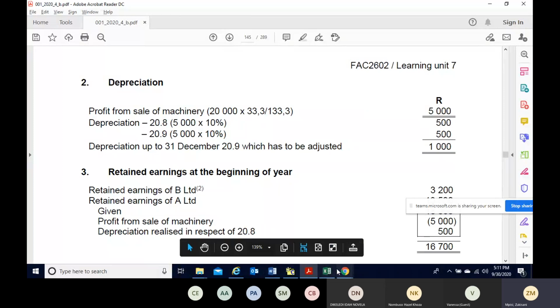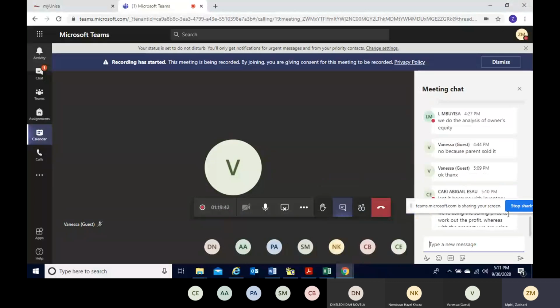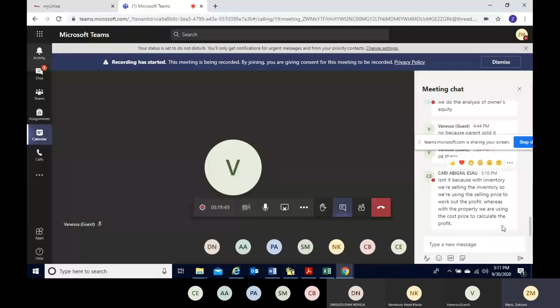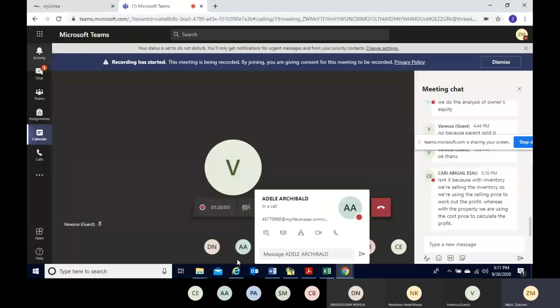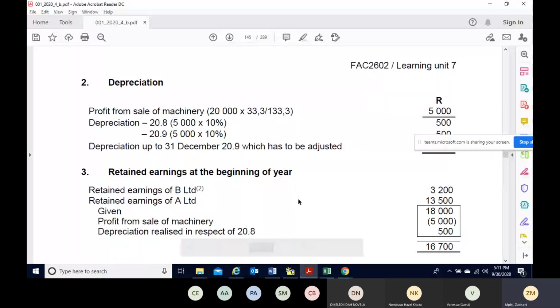Let me quickly see your comment. I hear the question, but the price that the property would have been sold at would have been a selling price as well, in the case of property.